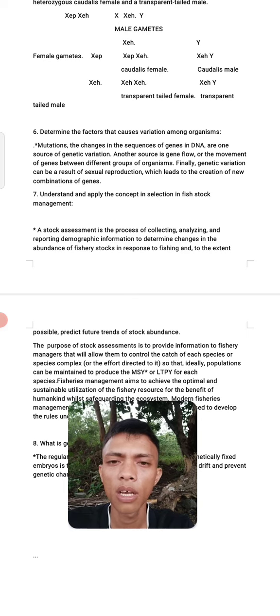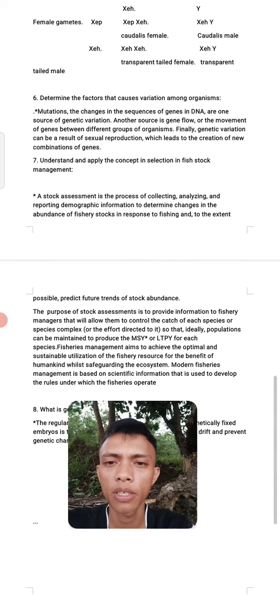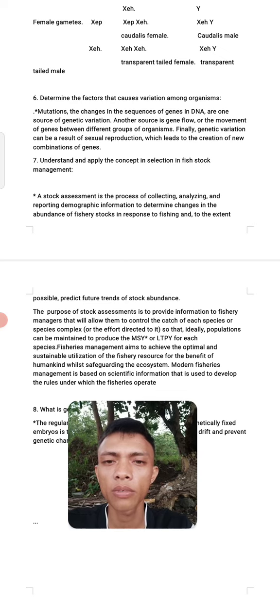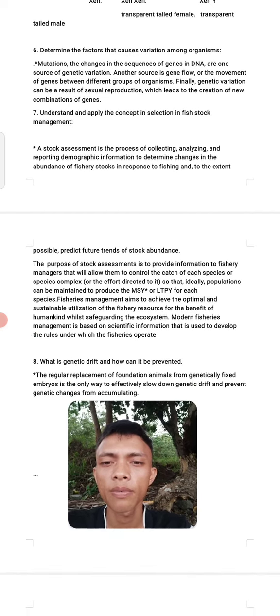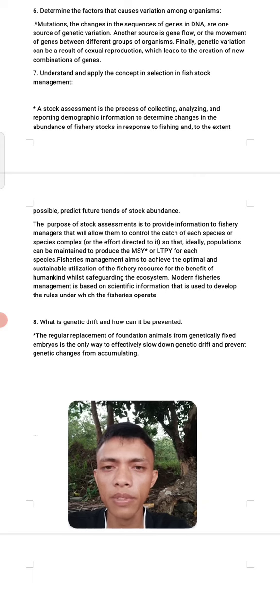Number 7. Understand and apply the concept in selection of fish stocks management. A stock assessment is the process of collecting, analyzing, and reporting demographic information to determine changes in the abundance of fishery stocks in response to fishing and, to the extent possible, predict future trends of stock abundance.